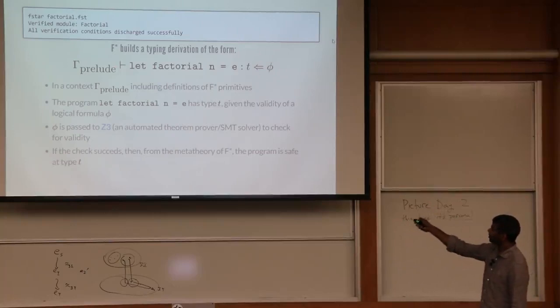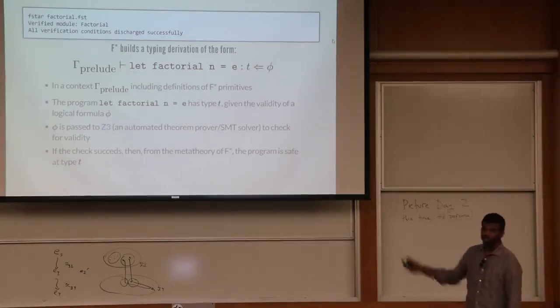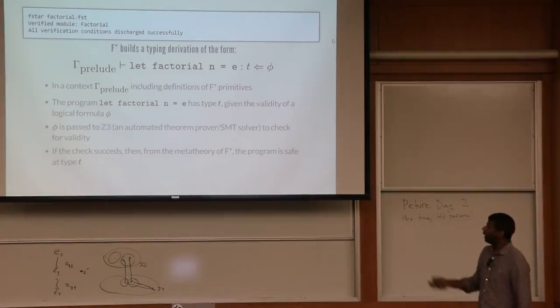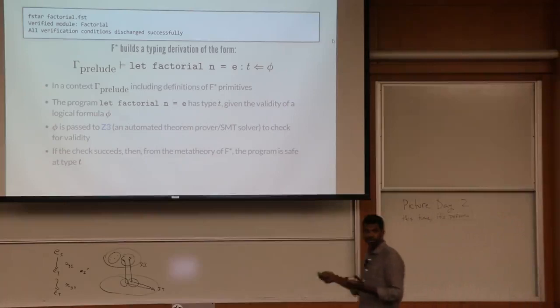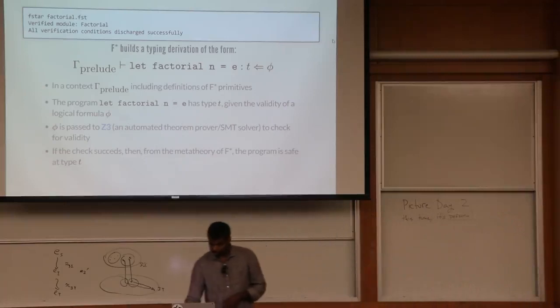And the way you interpret this is to say, if this formula phi is valid, then this typing derivation is sound in F*. And this formula phi is fed to an SMT solver through an encoding of F*'s logic into the logic of SMT solvers. And if the SMT solver can prove it, you trust the SMT solver, and you can conclude this theorem.